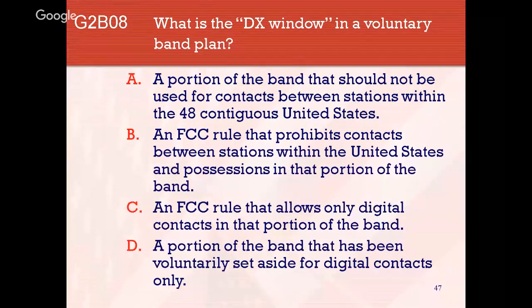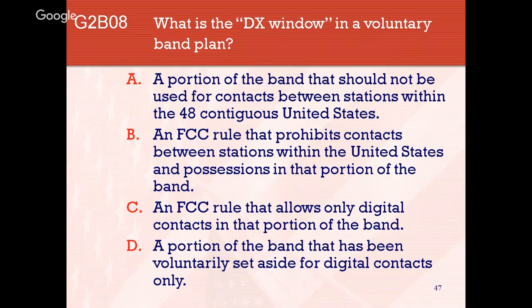What is the DX window in a voluntary band plan? When you're talking voluntary band plan, you're not talking about an FCC rule, so automatically you can get rid of those answers that pertain to the FCC rule.